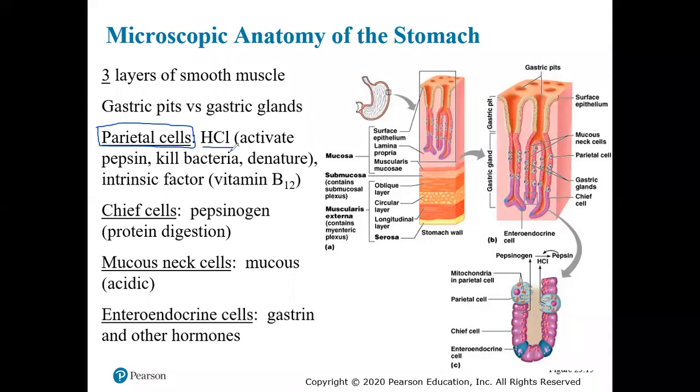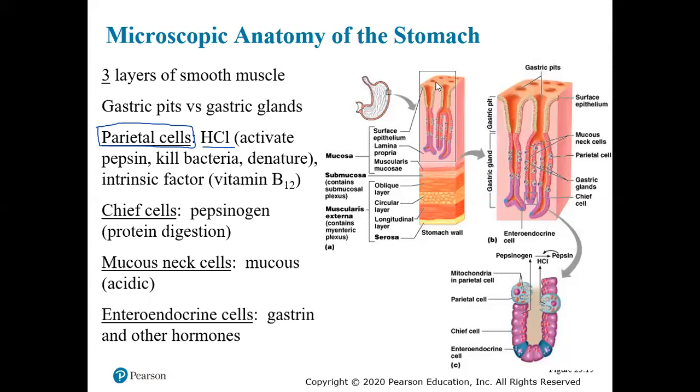The hydrochloric acid is going to activate pepsinogen and create pepsin, which will denature proteins and start protein digestion. HCl will also kill bacteria, and the parietal cells will produce intrinsic factor, which is required for vitamin B12 absorption.